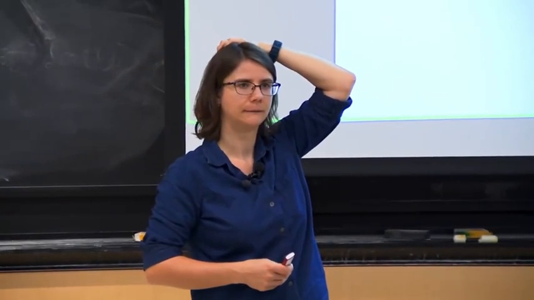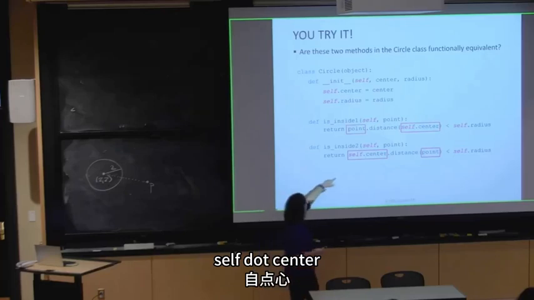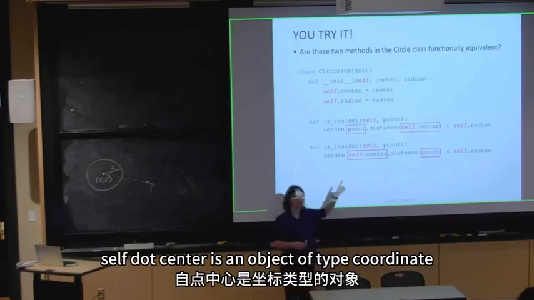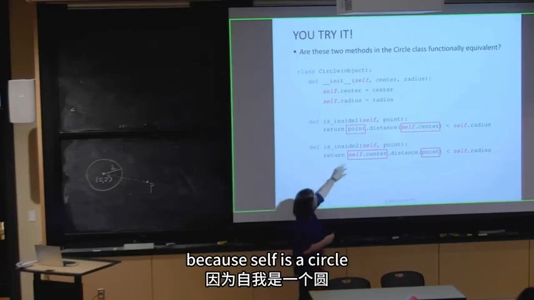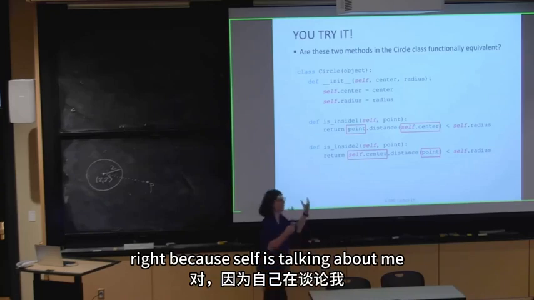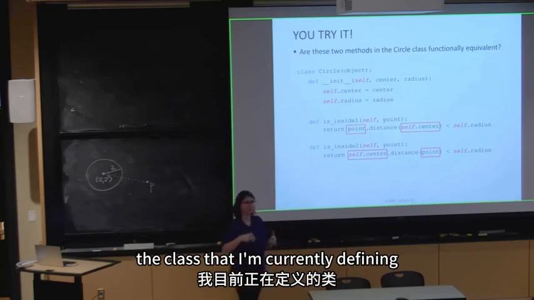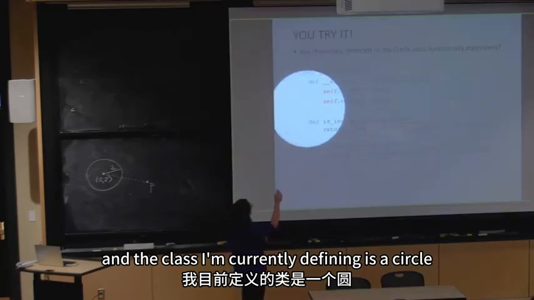Yeah. So the self.center, is it a circle object as well? Self.center is an object of type coordinate, not circle. Because self is a circle, right? Because self is talking about me, the class that I'm currently defining. And the class I'm currently defining is a circle.